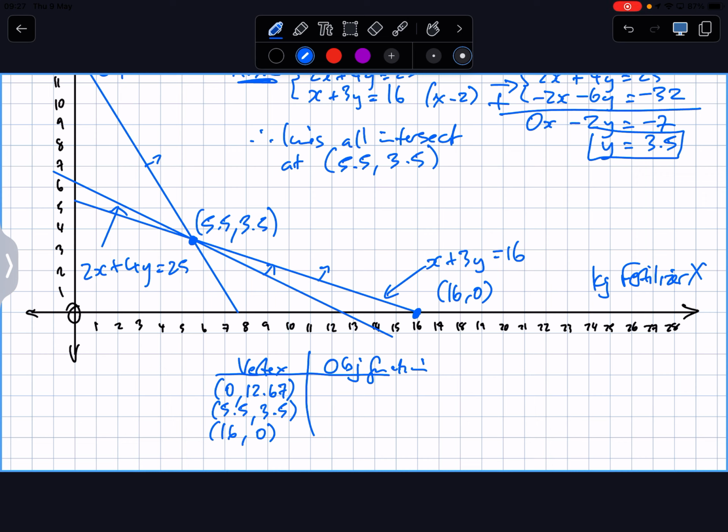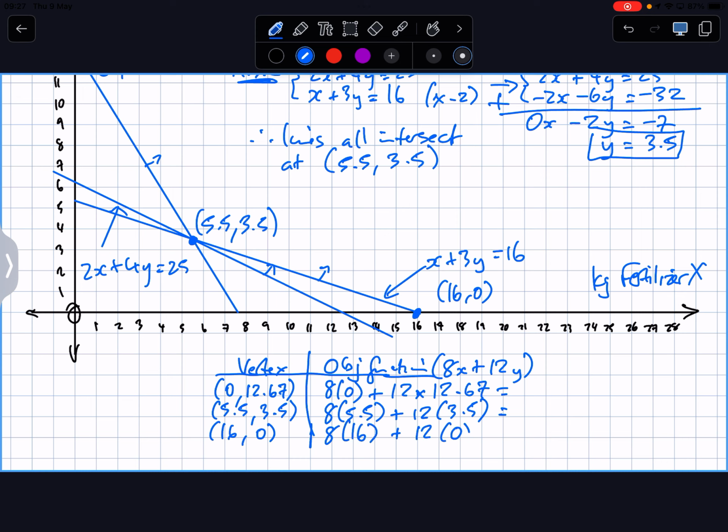I don't want to scroll up. 8x plus 12y. So the first one is going to be 8 times by 0 plus 12 times by 12.67. The second one is going to be 8 times by 5.5 plus 12 times by 3.5. And the last one's going to be 8 times by 16 plus 12 times by nothing.